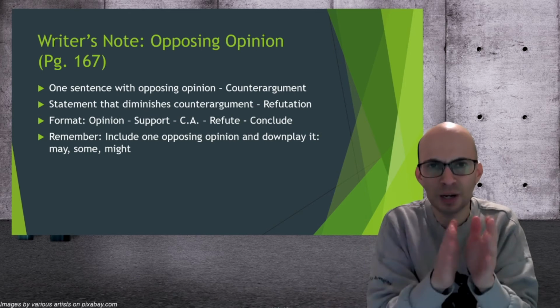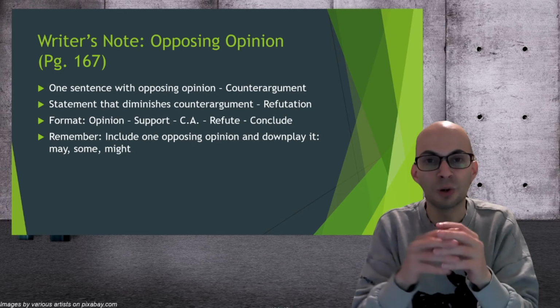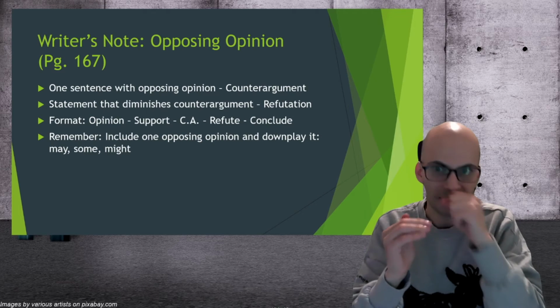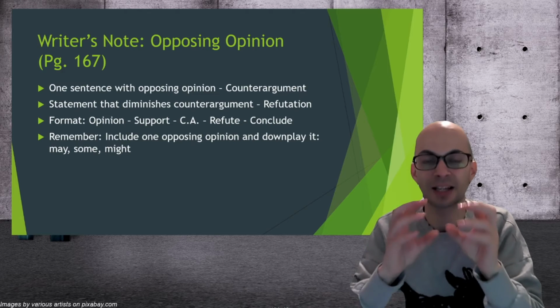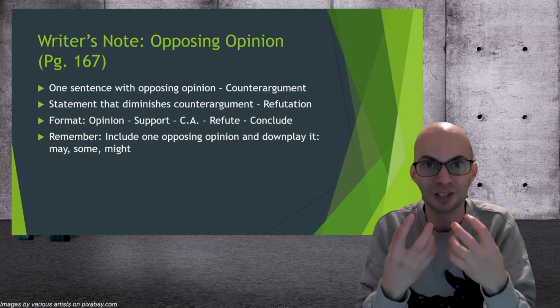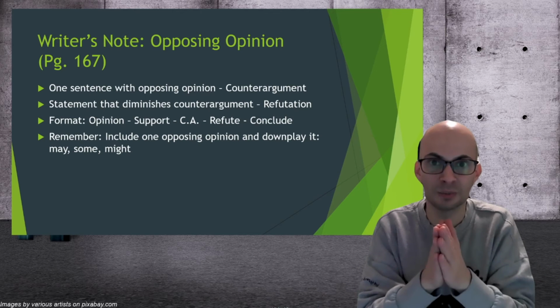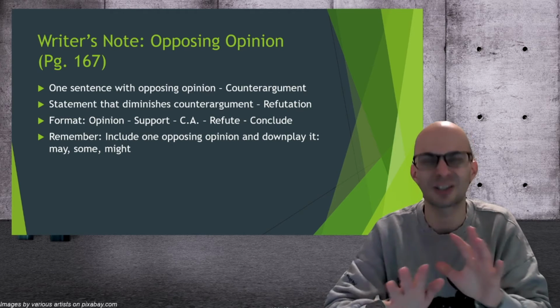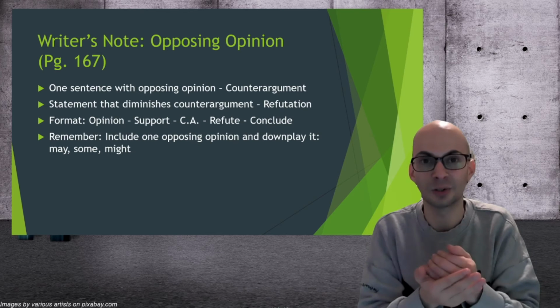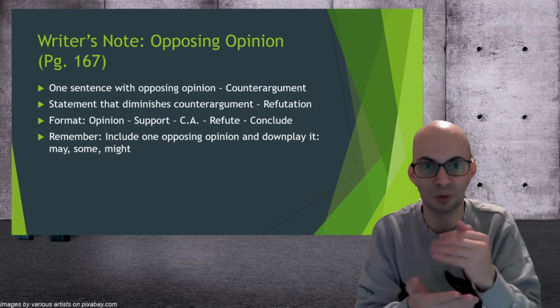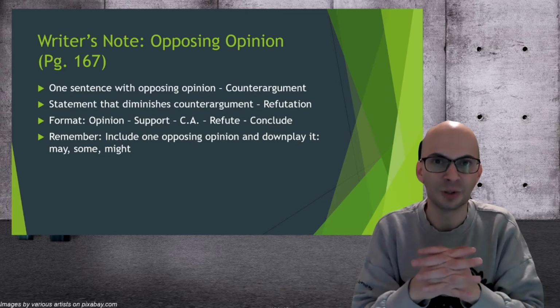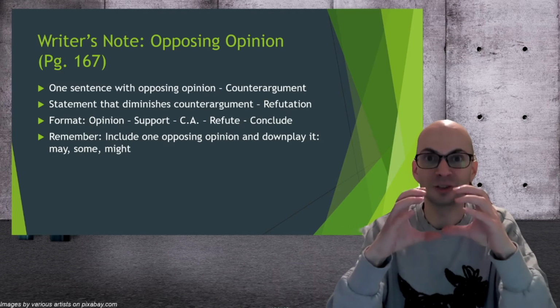But after you write that counter argument, you're going to have a next sentence that diminishes that counter argument, because you're in control. So you can discuss how that counter argument to your opinion is actually not that good. That's called refutation or refuting. And so that's going to strengthen your opinion.